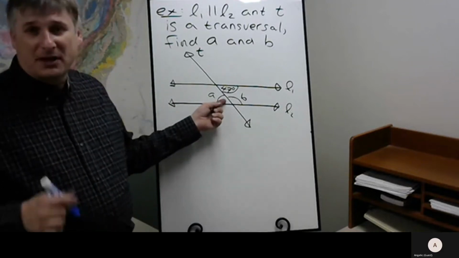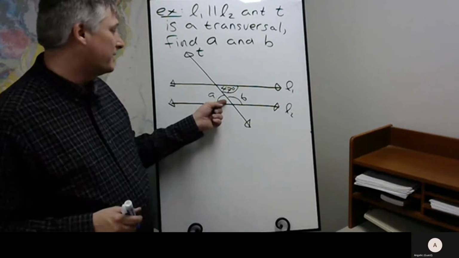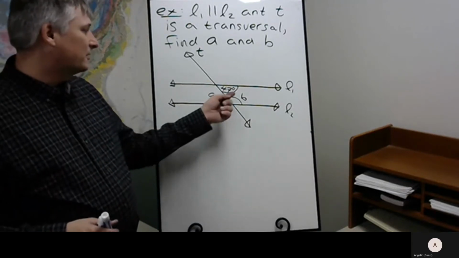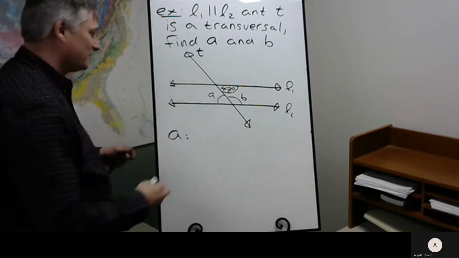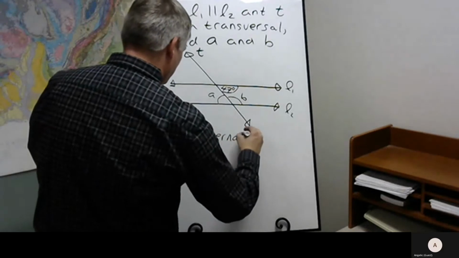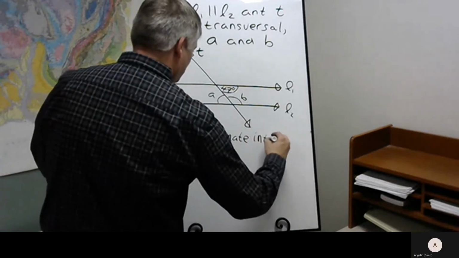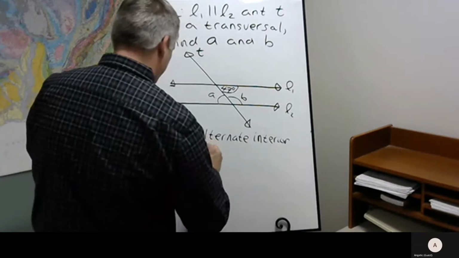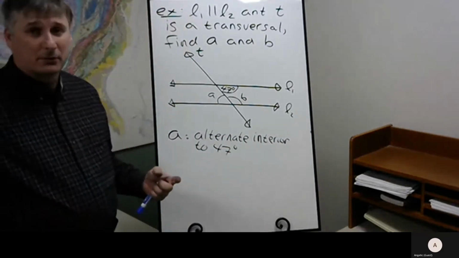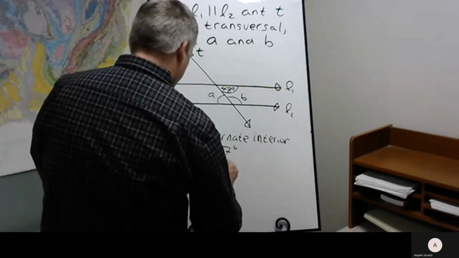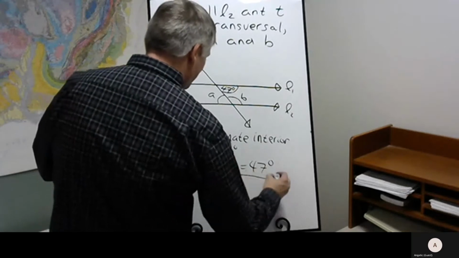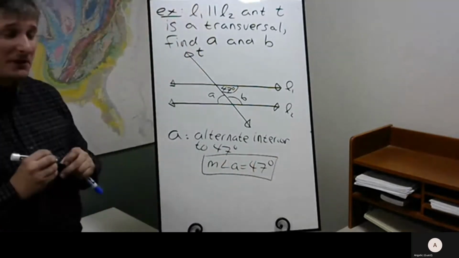Then it's on the opposite side of the transversal, or the alternate side, to this 47. So it's alternate interior to 47. So that means because it's alternate interior to 47 degrees, the measure of angle A is 47 degrees. And so there we go.